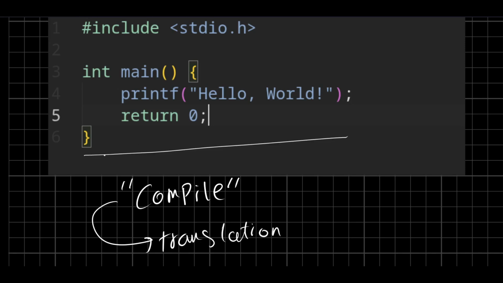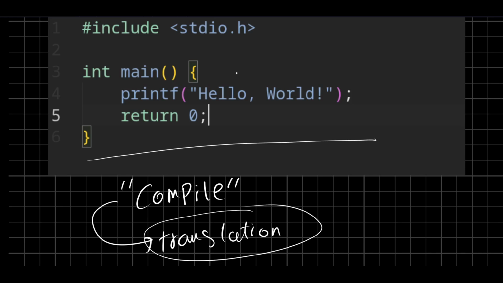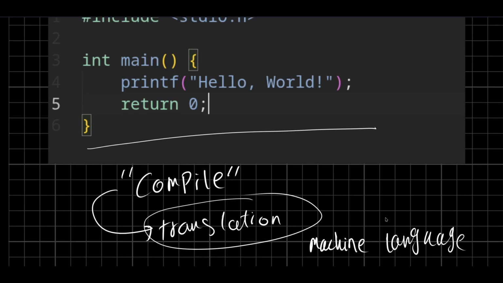What the compiler does is translate those characters into a format the computer can read, which is machine language. Okay, so the compiler is just a translator. Then what? What actually happens?